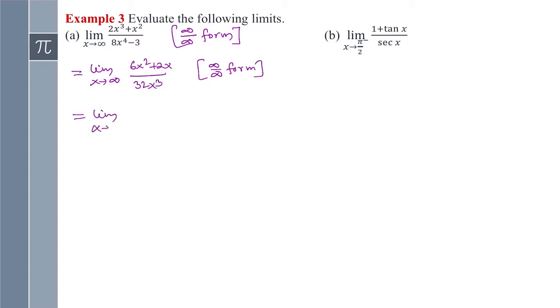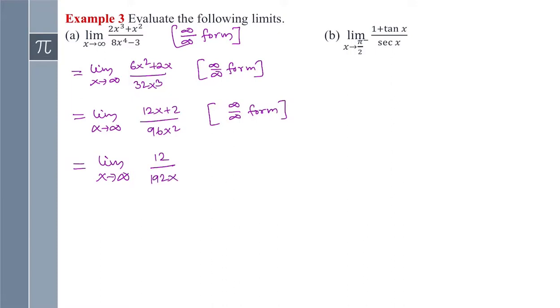Limit as x approaches infinity. So that is 12x plus 2 over 32 times 3, which is 96x squared. Still we get infinity over infinity. Again, we will use L'Hopital's rule. So that is 12 over 96 times 2, which is 192x.